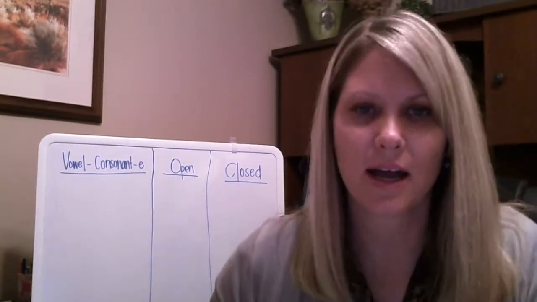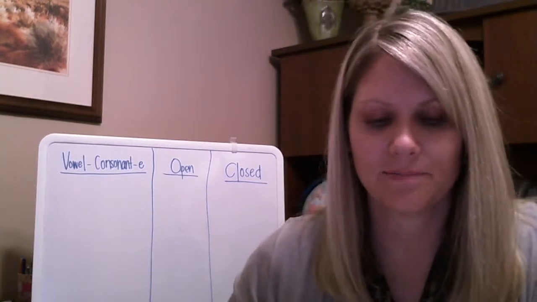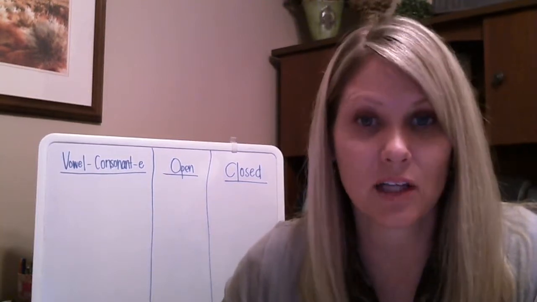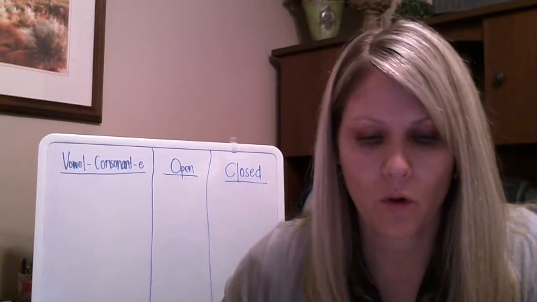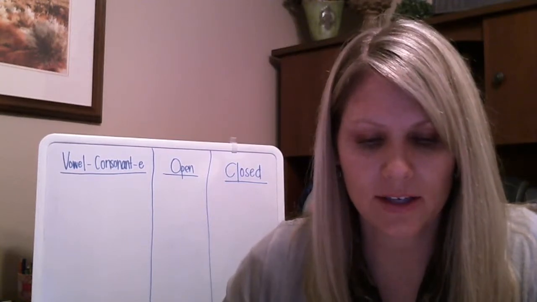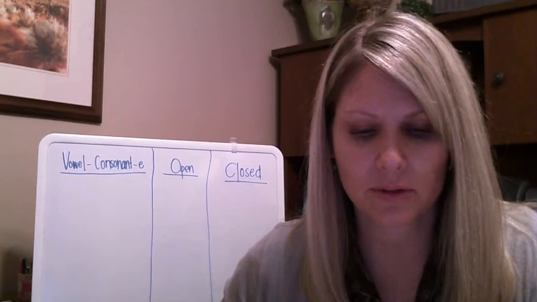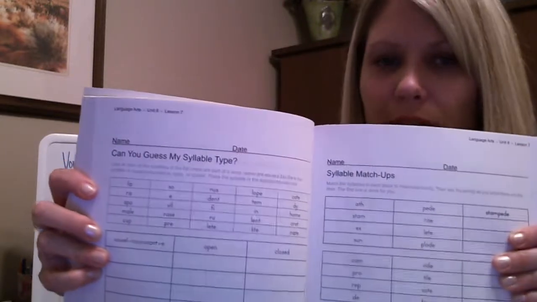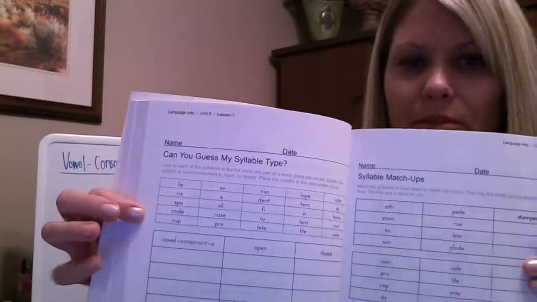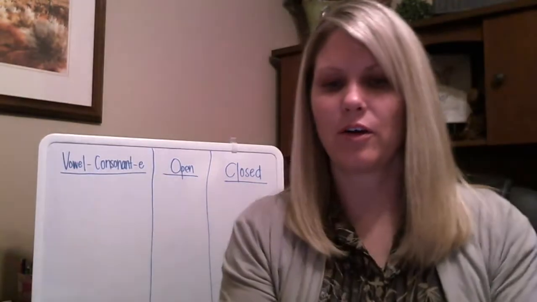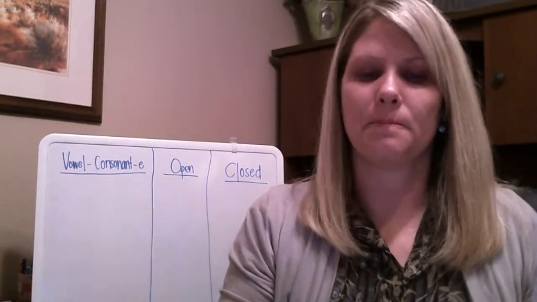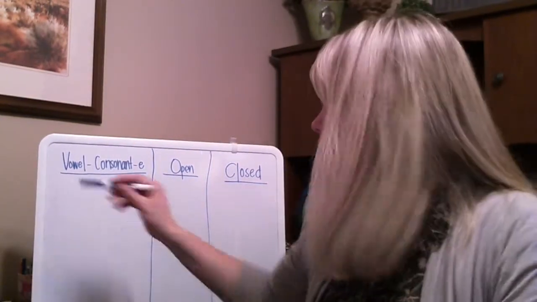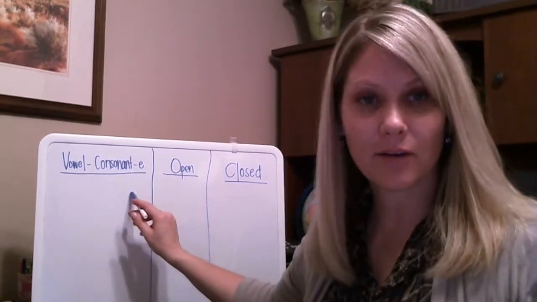In the first activity, in the first lesson, it says, can you guess my syllable type? And what we are going to do is look at each of the syllables in the list, okay? In the top box, we're going to look at each one of these syllables. It's broken out in syllables. And we have to decide whether it is a vowel, consonant E, okay?